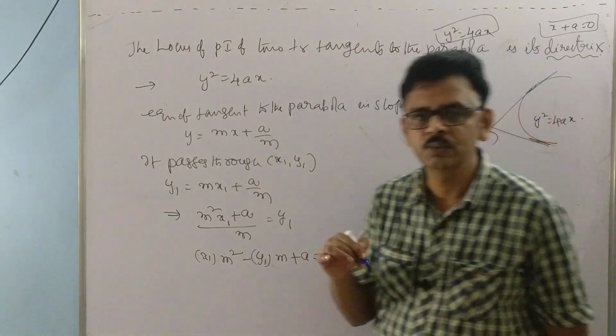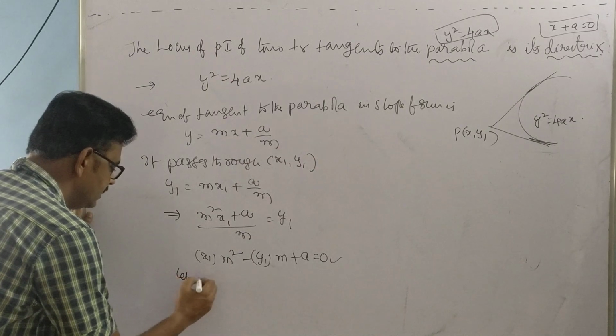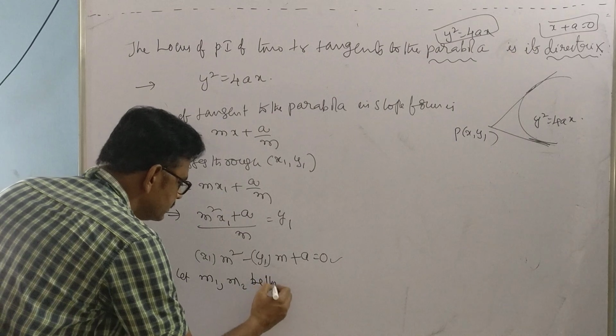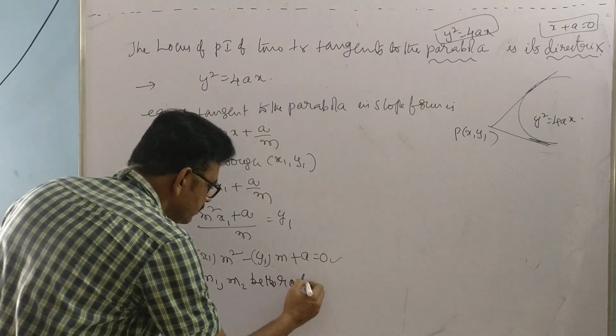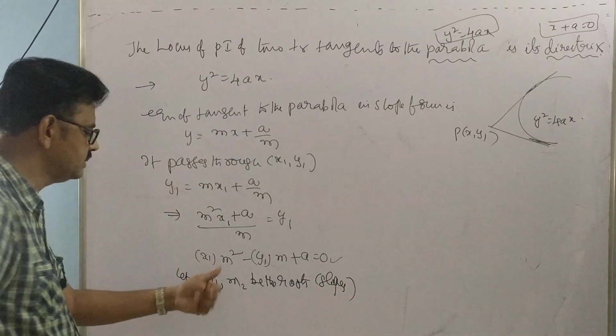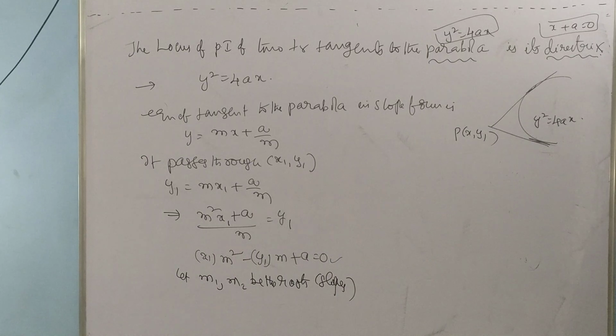It has two roots. Let m1, m2 be the roots. Roots mean slopes: m is the slope of one line, and the other root is the slope of the other line.